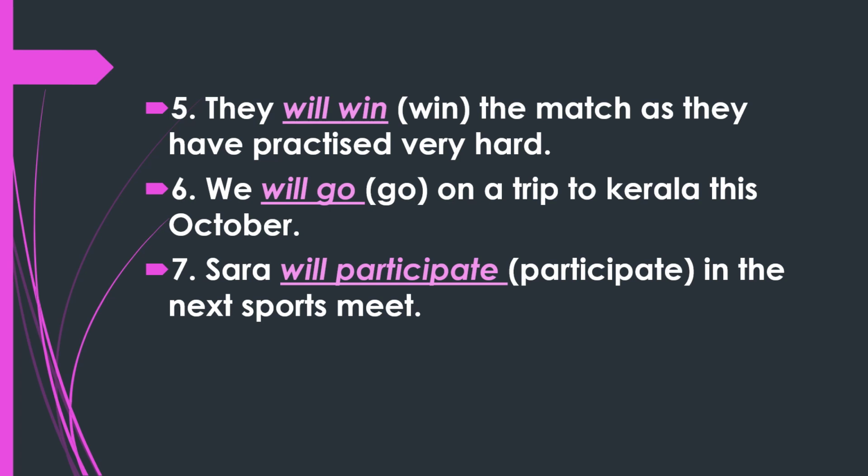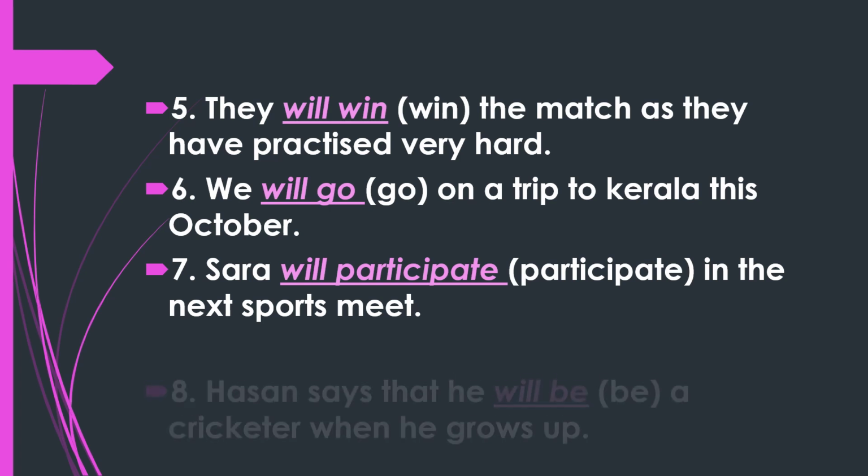The seventh one is Sarah dash in the next sports meet. The verb given to us in the bracket is participate. So we have to add will before participate to make it in the future tense. And the sentence becomes Sarah will participate in the next sports meet.